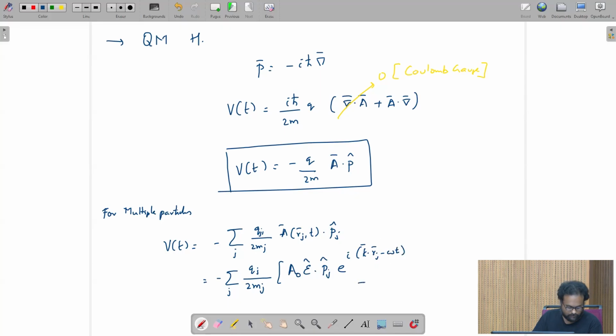You also have the conjugate, complex conjugate, the unit vector associated with it, e_j dagger, e to the power minus i k dot r_j minus omega t.